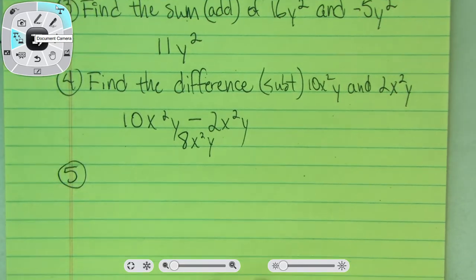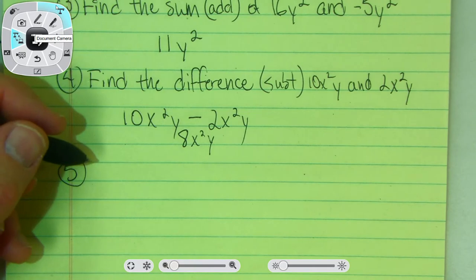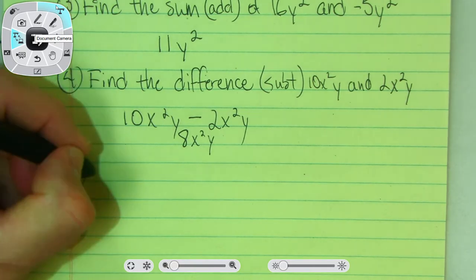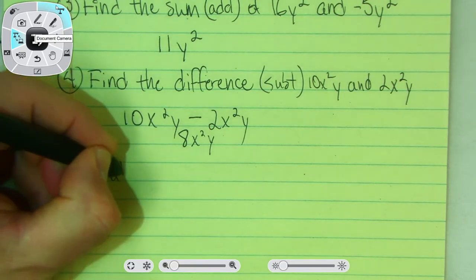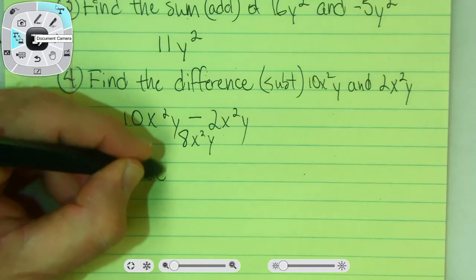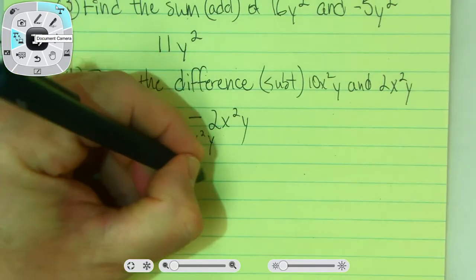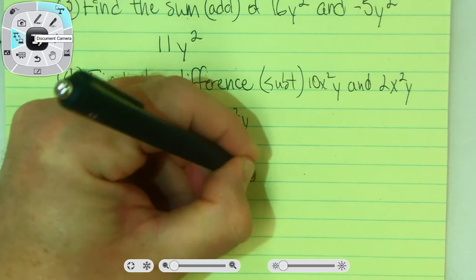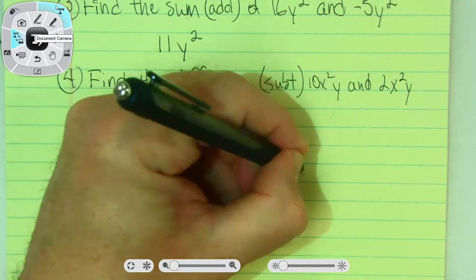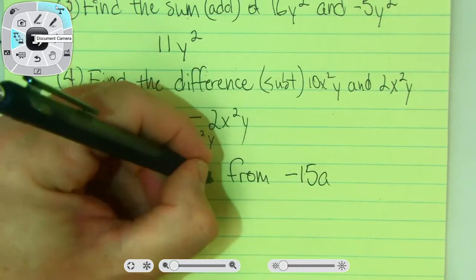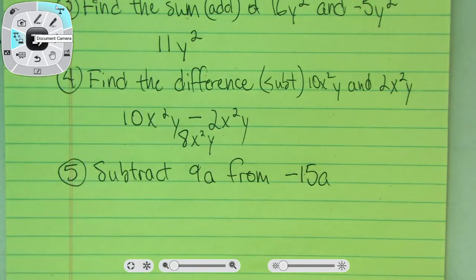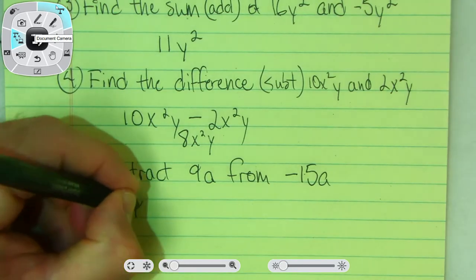Number 5. Want to subtract 9a from negative 15a. See how sharp you are. When I say subtract 9a from negative 15a, which comes first? Yeah, negative 15a, that's sharp.